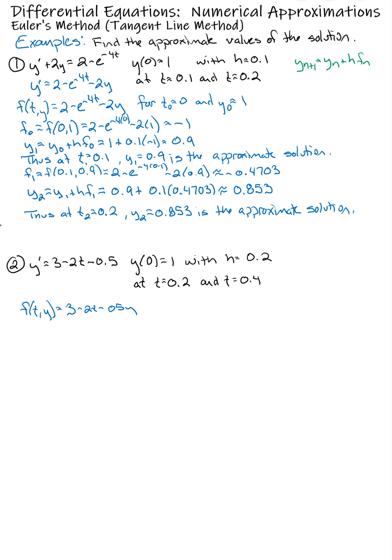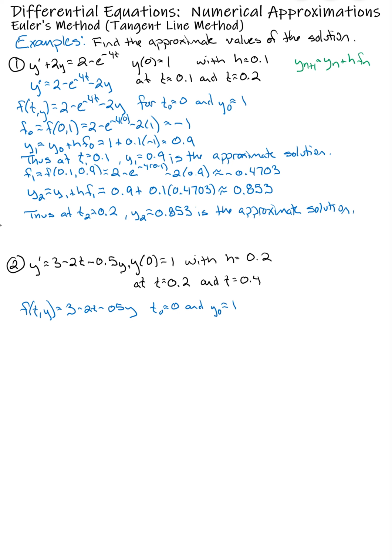You know what, just to make this a little more interesting, let's put a y on there so we have a y in this equation. There we go. And we also have that t naught is equal to 0 and y naught is equal to 1.